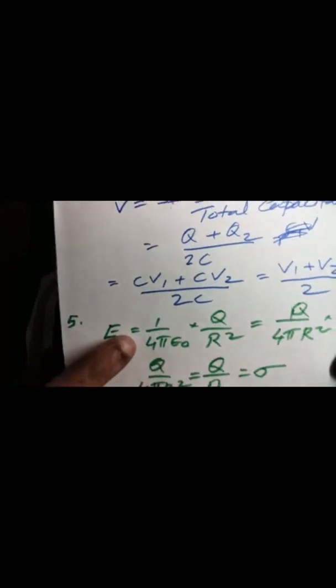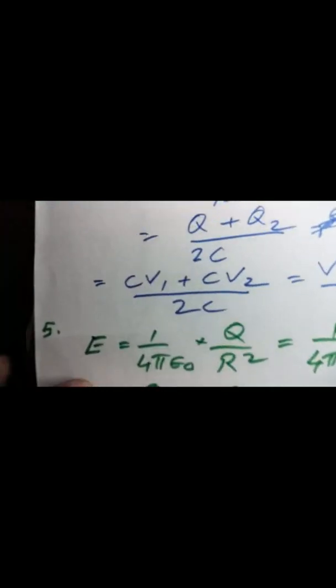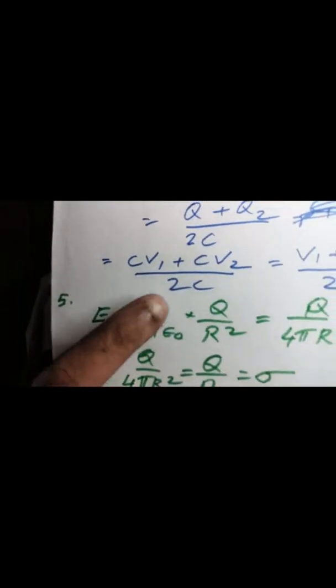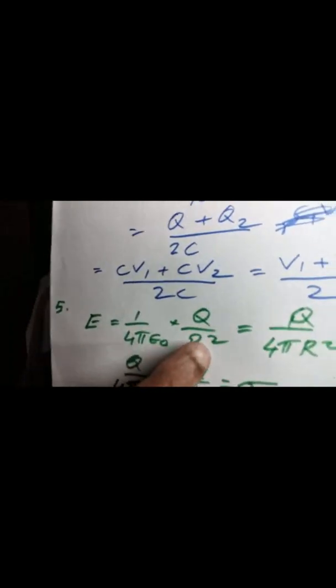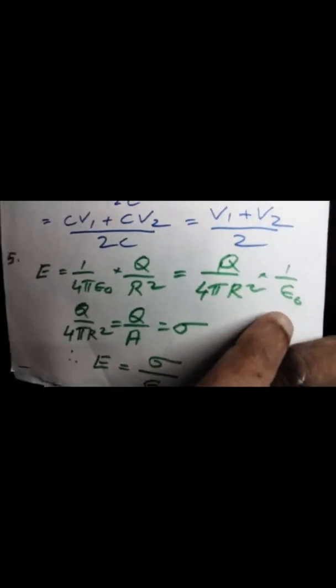Sorry, intensity is Q by R square, not potential. Intensity, electric field. Electric field means intensity. E equals 1 by 4 pi epsilon 0 into Q by R square. This can be written as Q by 4 pi R square into 1 by epsilon 0.